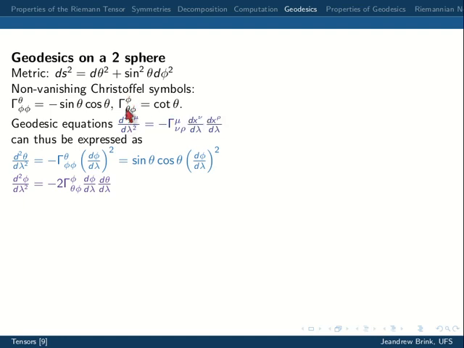So it's Γ^φ_θφ, but it's symmetric, okay? So we have the first one, phi theta phi, and then we're going to have phi phi theta also added there, and this is where the factor of 2 comes from. So be sure you actually are doing a real sum over these indices, and you take the fact that you can switch them, that there's a symmetry over there.